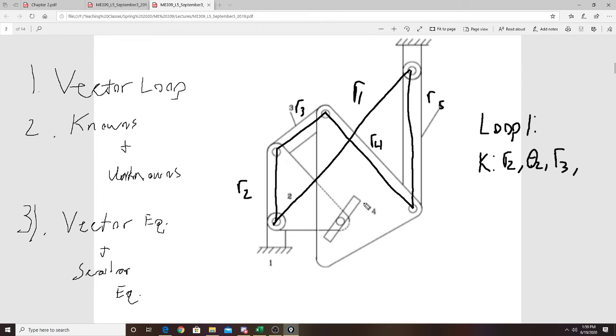What about theta 3? Look at how this thing moves and determine it. Do you think we will know theta 3 at all times? The answer is definitely no, we will not. So let's go through, and I will put that in the unknown category. Theta 3 is our first unknown.